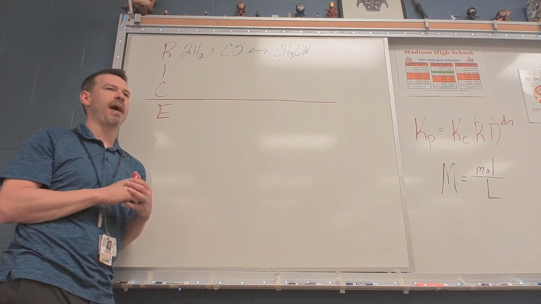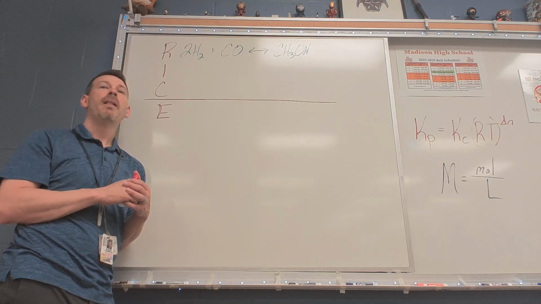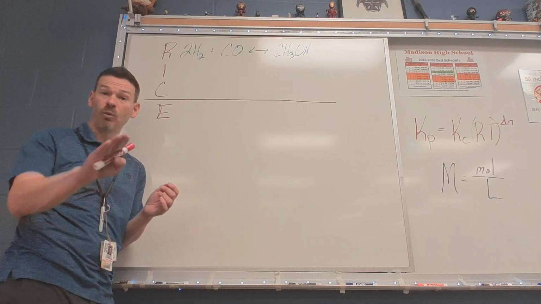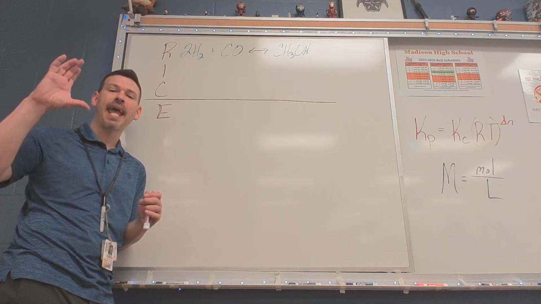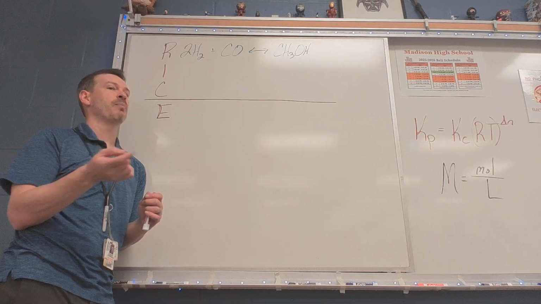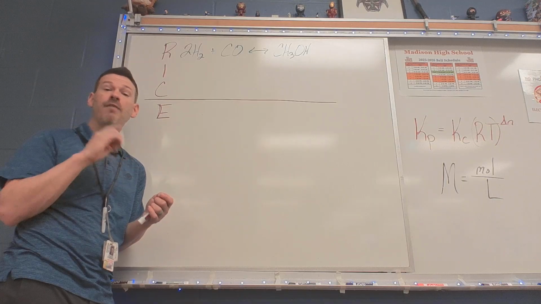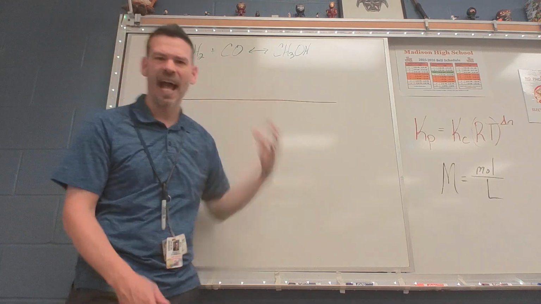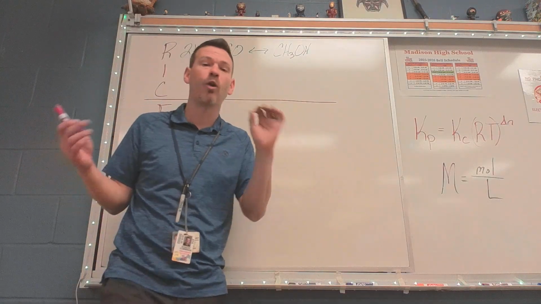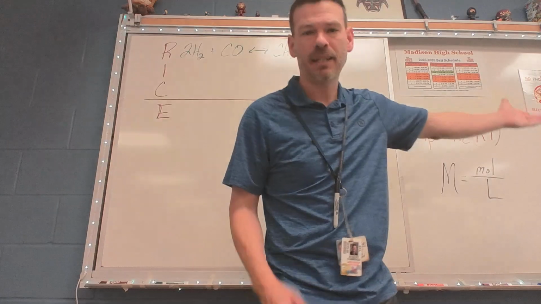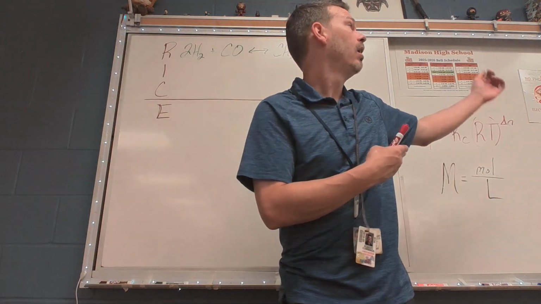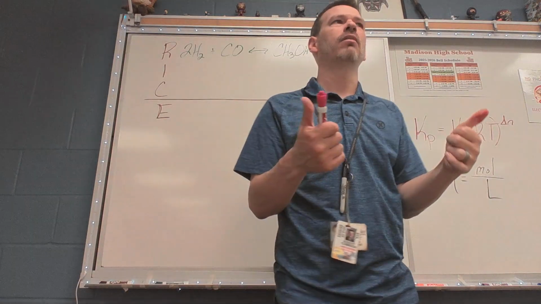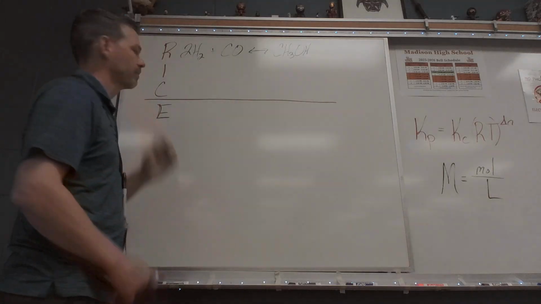Are those states of matter okay for this? Well, yesterday, we know that if you're doing K or KC, the states must be aqueous or gaseous. You're doing KP, it has to be gaseous. But all of these are gaseous, which means no matter which one it is, it's KC if you look at the question. Gaseous is good. So we don't have to ignore anything.